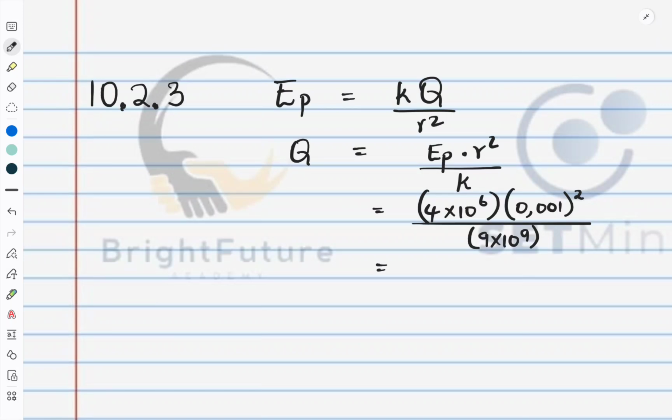If it is, just go back and revise your mathematics, or do it the way that you would find easier to solve, because in this question it was a matter of substitution and then solving thereafter. There was no thought behind it, a lot of thought I mean. So I get 4.44 times 10 to the power minus 10 coulombs.